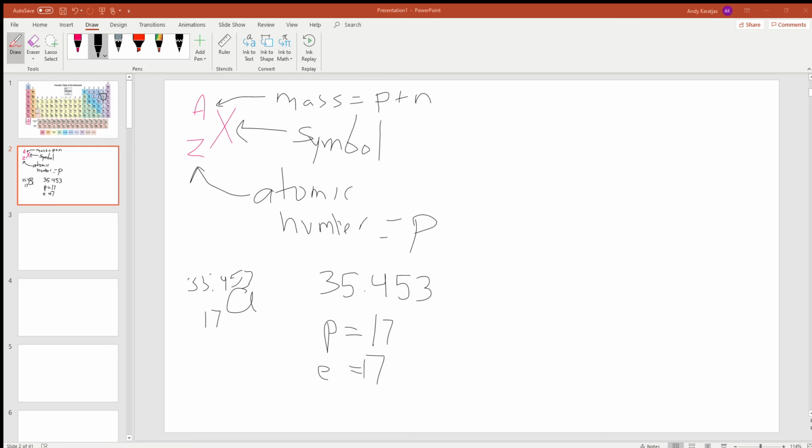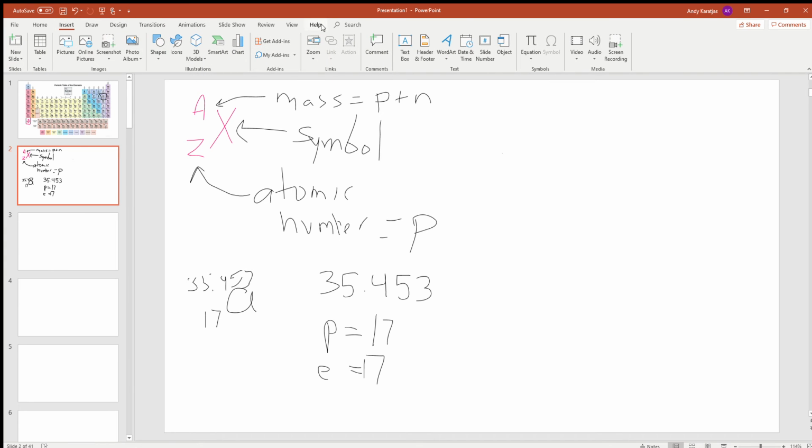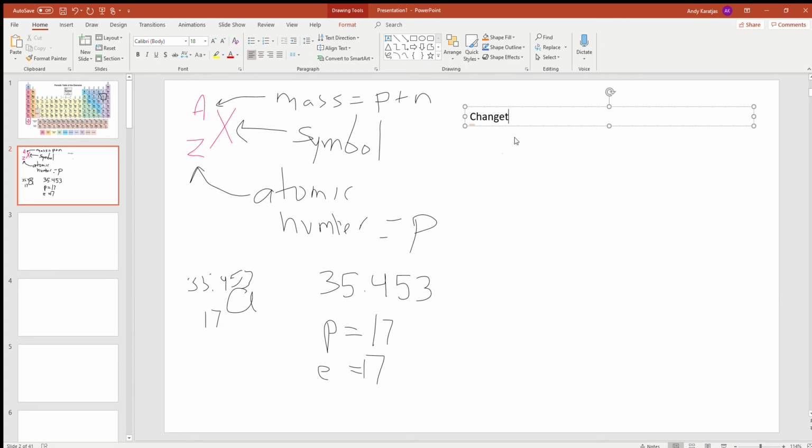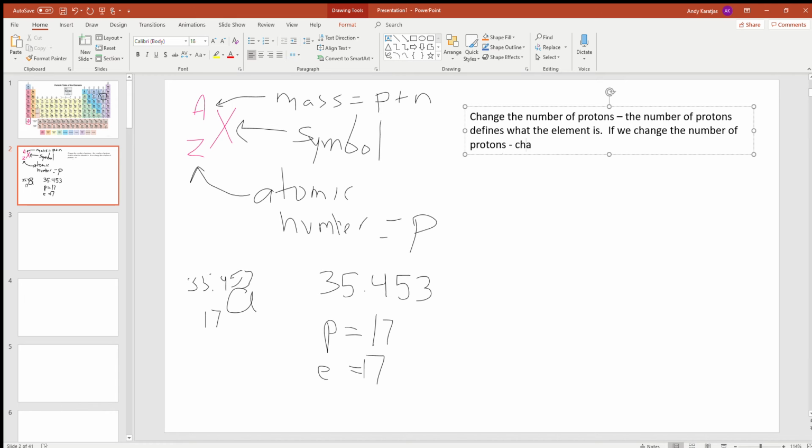So the first one, and this is by far the most straightforward: what if we change the number of protons? Well, as we said, the number of protons defines what the element is. So if we change the number of protons, then it changes what the actual element is.